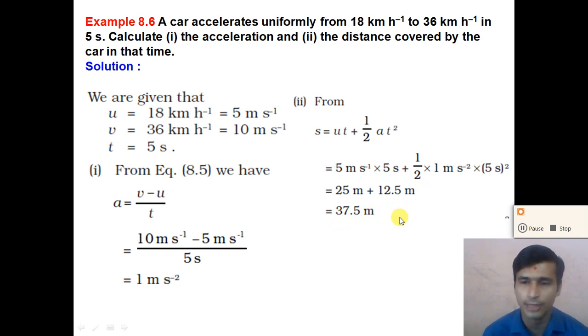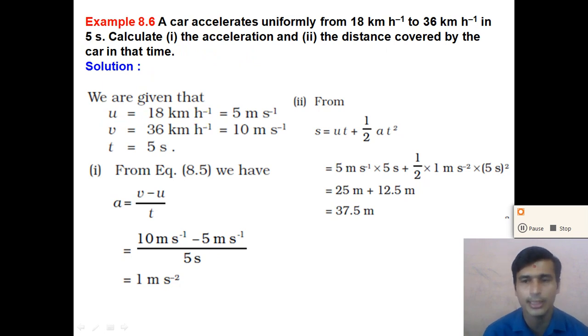We can also calculate this distance by a distance velocity relation. 2as is equal to v square minus u square. Understand about this example how we can calculate? So here initial velocity is 18 km per hour, final velocity is 36 km per hour and time is 5 second. So first we calculate u is equal to 18 km per hour.